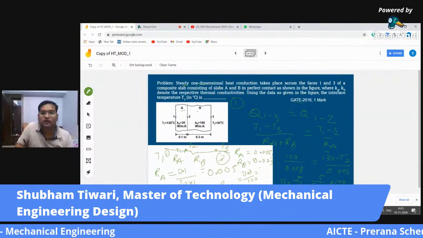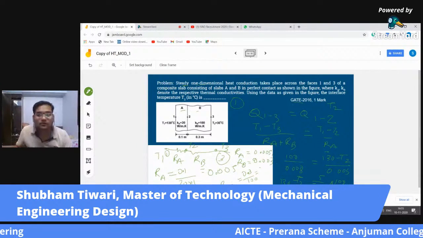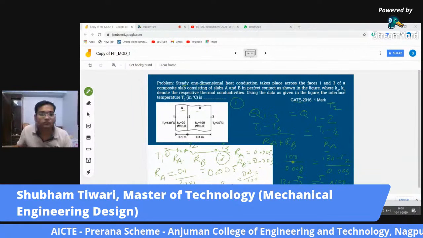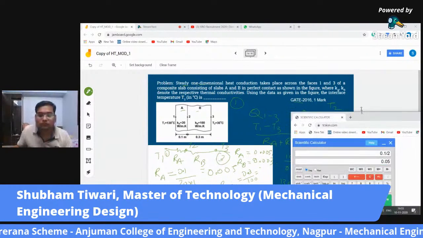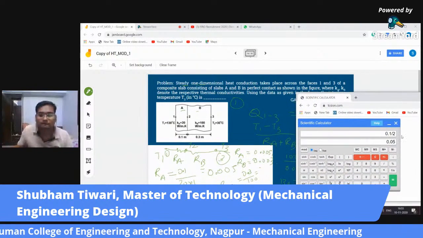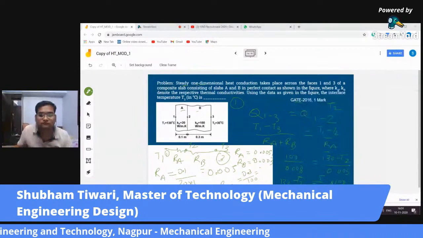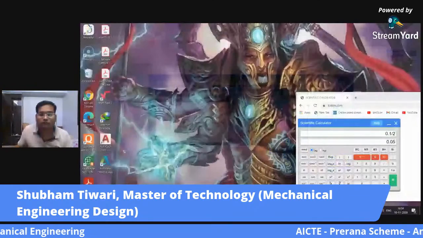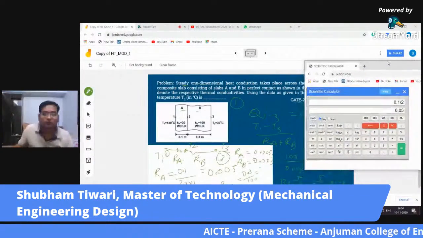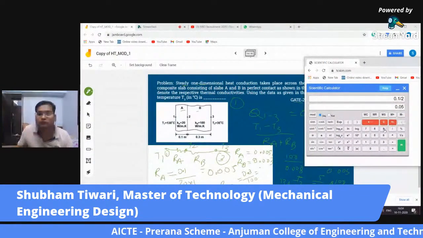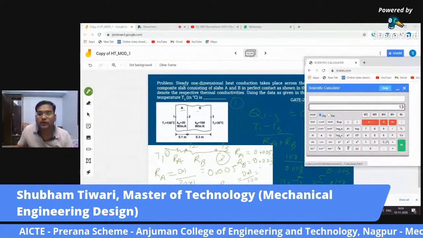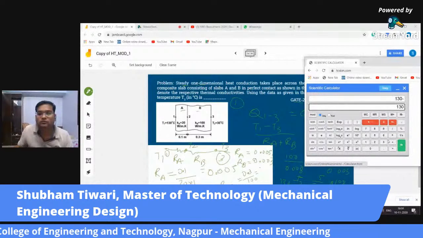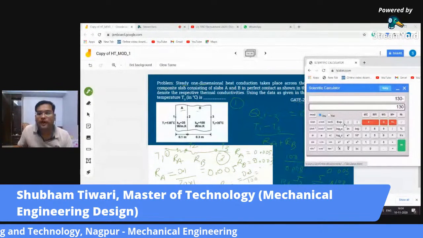I think the value will come out to be 130 minus, we have to use brackets in this calculation.